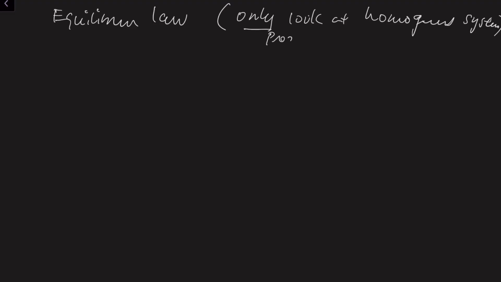Note, in VCE chemistry, we only look at homogeneous system. So this means the product and reactants are the same state.